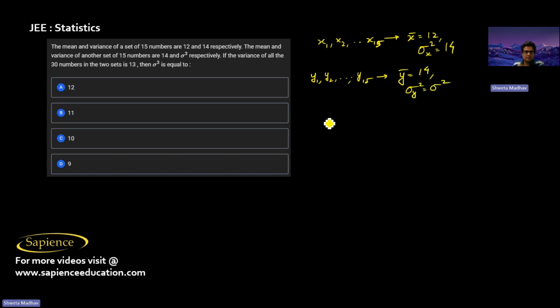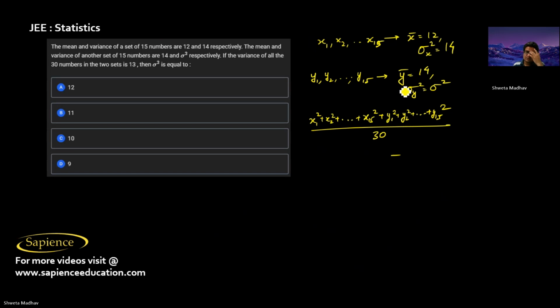So then, the variance of all the observations is given by x1 square plus x2 square plus dot dot till x15 square plus y1 square plus y2 square plus till y15 square divided by 30, minus their mean, x1 plus x2 plus x15 plus y1 plus y2 plus dot dot y15 divided by 30, whole square.